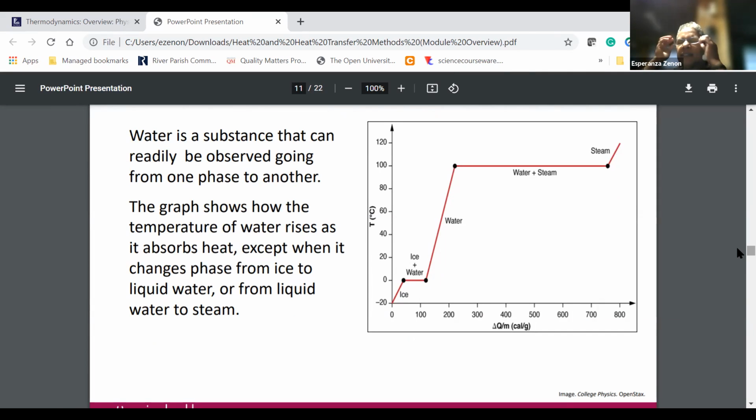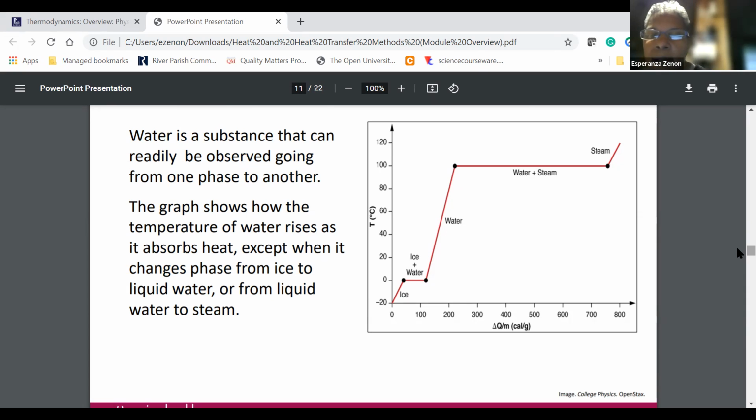And so you can see what's happening in this diagram. This is a diagram that looks at transitions for water. And so remember, whenever we are changing the temperature of the water, don't think of water as just liquid water. Water is actually ice, liquid water, or steam, okay? Remember that.